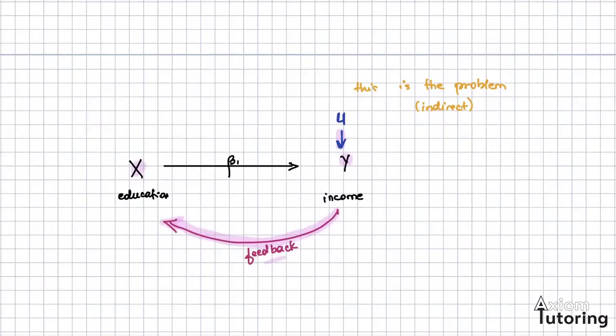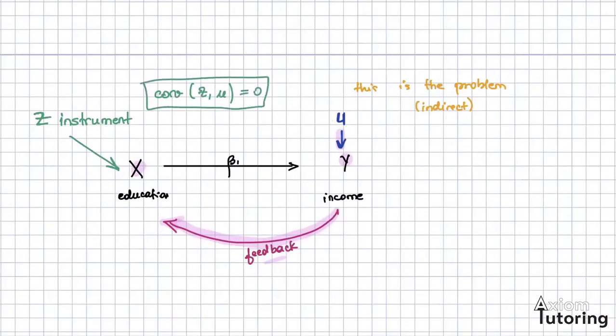And the way we do that, because we cannot really delete this feedback channel, we instead come up with a variable Z, which is your instrument, that has an arrow directly to the X, and keep in mind, there is no arrow that connects the Z instrument into the U. So the covariance between Z and U is equal to 0.